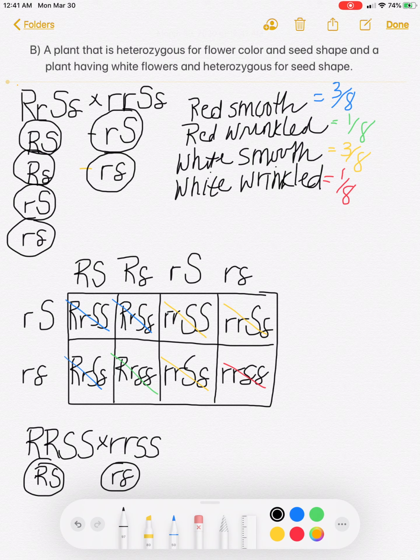That little funny thing is an S. And you know what my table would look like? I'd have 1 and 1. If we can even call it a table, it would be 1 box big. It would be a 1 by 1. And all of the offspring would have that genotype.